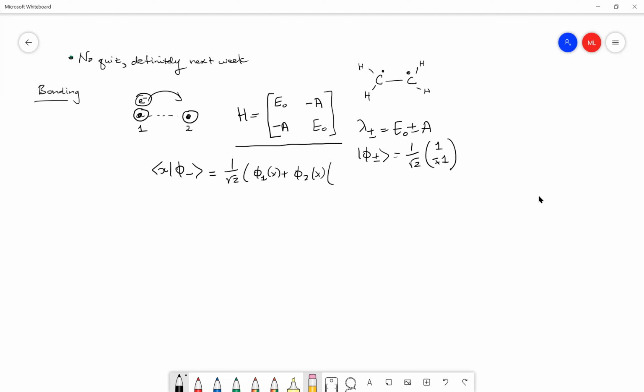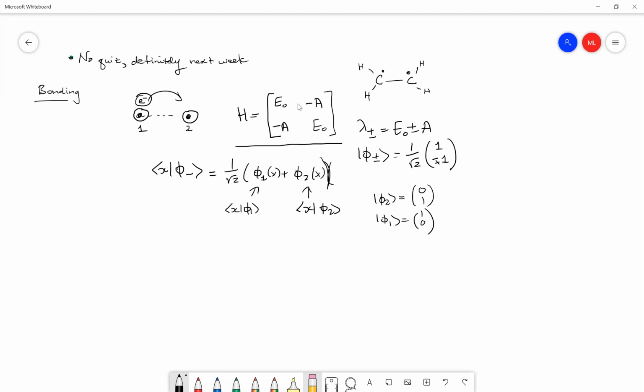Where this guy is x dotted into the 0, 1 state. So I guess I would call that phi 2, the bound state on the second carbon. Then this is x dotted into phi 1, where phi 1 is the other basis vector. So it's just a symmetric combination.